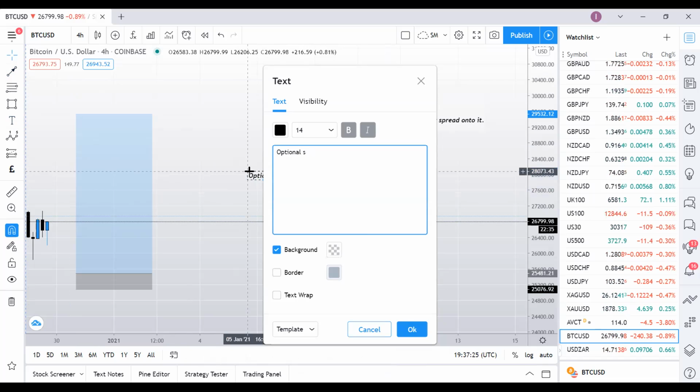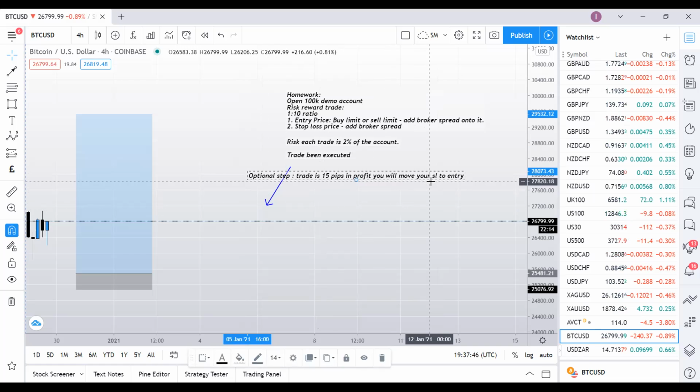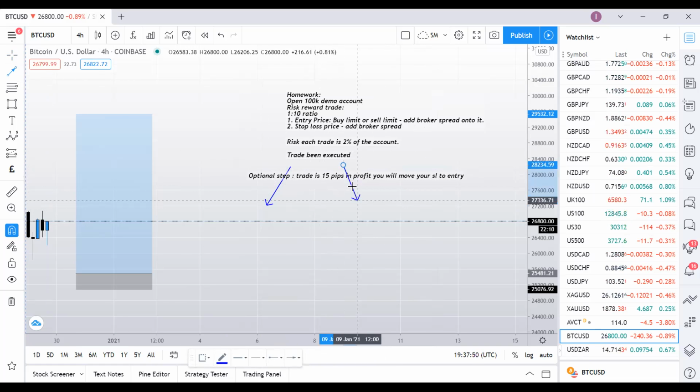Once, say, the trade is 15 pips in profit, you will move your stop loss to entry. However, this is entirely up to you, though I do recommend you do that at a certain amount. It might be 20, 30, whatever the case is.